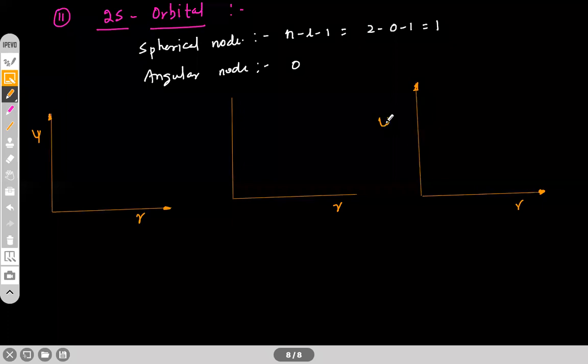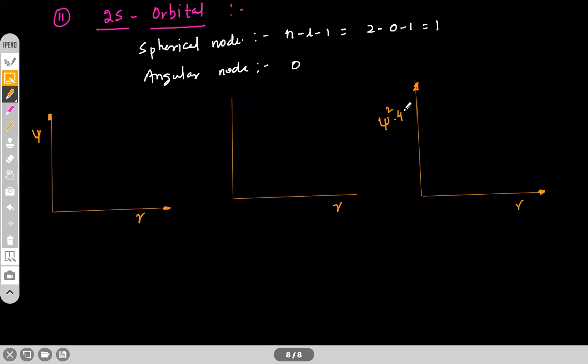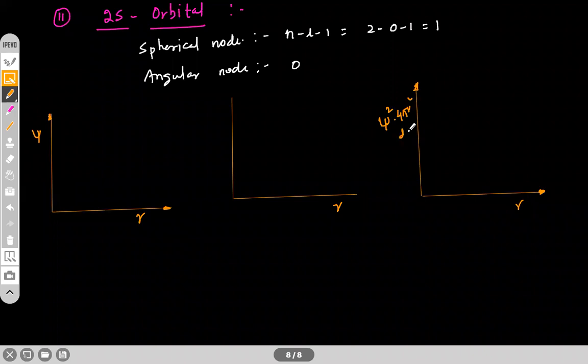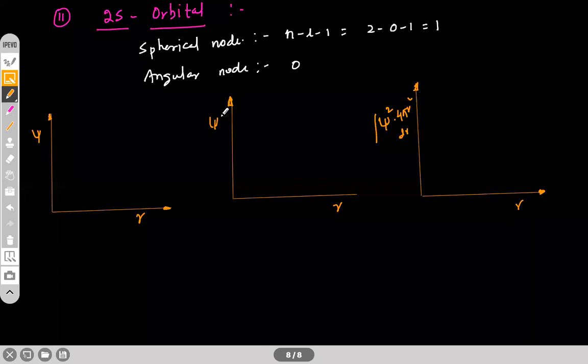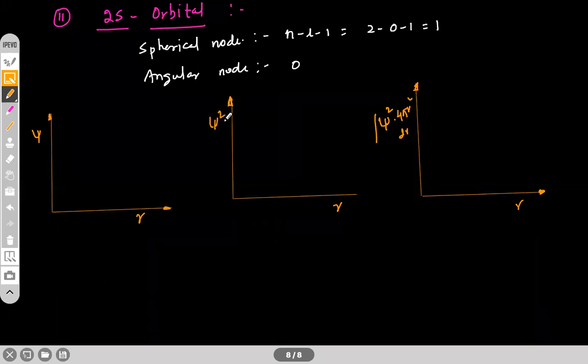This is again the probability graph, with psi square, 4 pi r square dr, and this is psi square. Again for 2s, since we have one nodal surface here, this graph will touch the axis once.